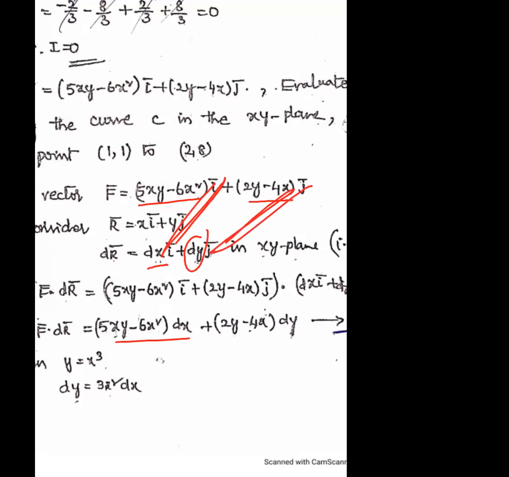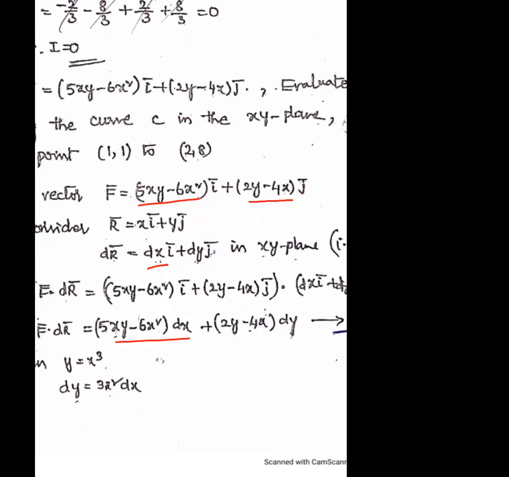Corresponding terms multiplication is only possible in dot product, and all remaining terms are 0, because multiplying first term to second term, that is i dot j, is 0. Second term to first term, j dot i, that is also 0. So in the dot operation, we multiply corresponding terms, meaning multiplying i terms, j terms and k terms only.